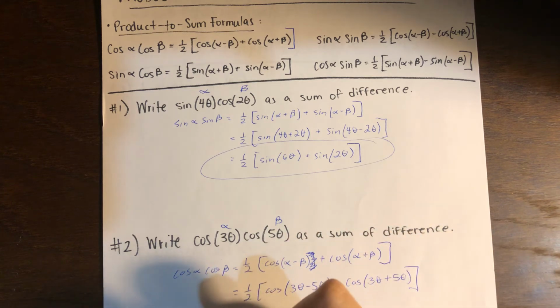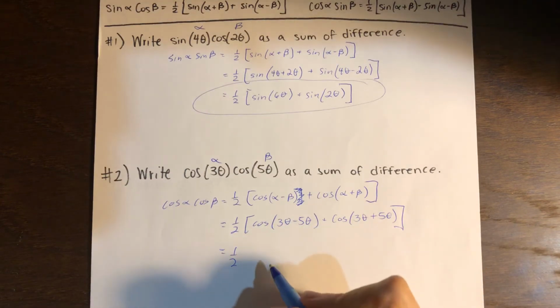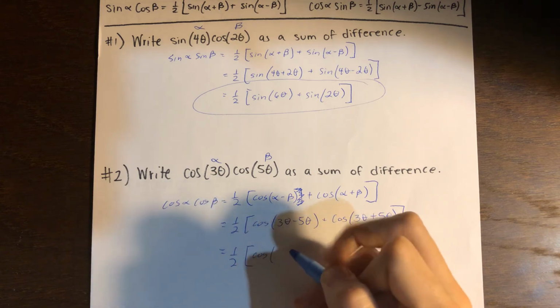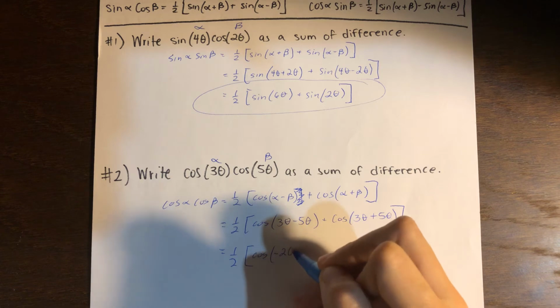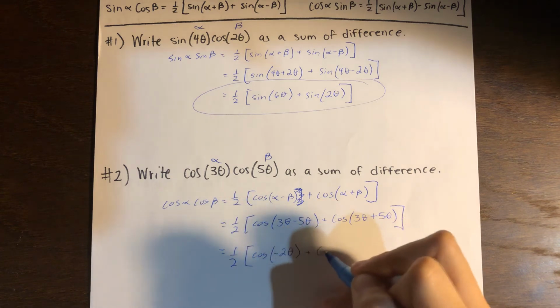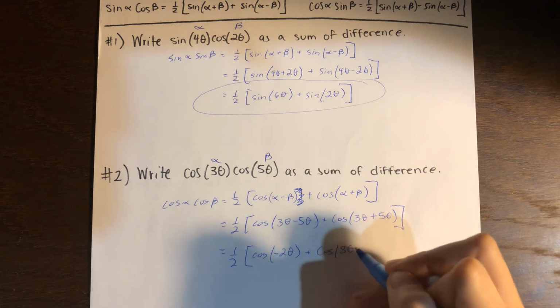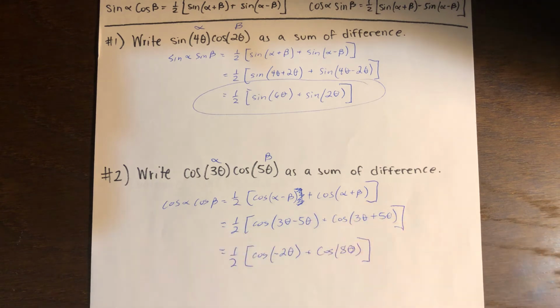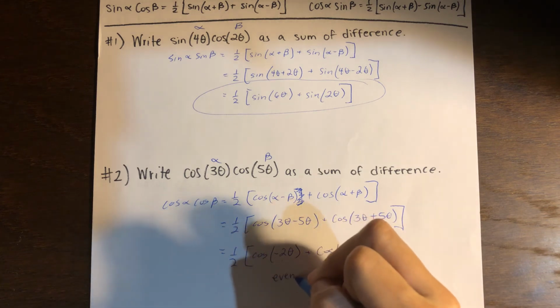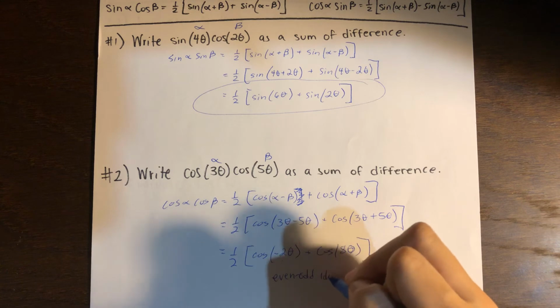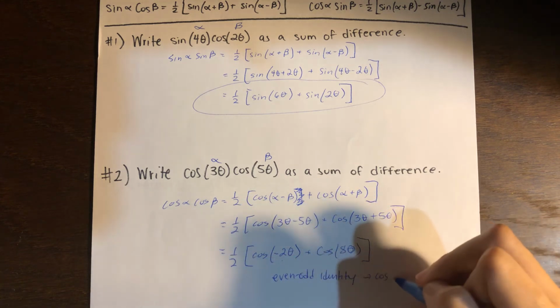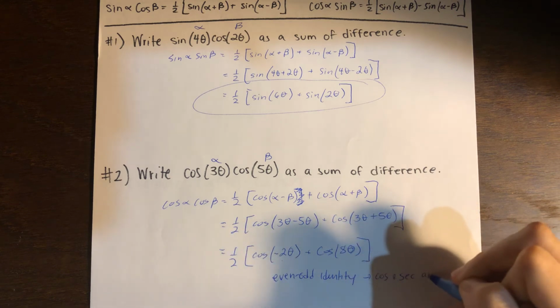We're just simplifying. So I have the cosine of negative 2 theta plus the cosine of 8 theta. You would think we're done, right? But when it comes to this part right here being a negative, we can use the even odd identity, where cosine and secant are positive.